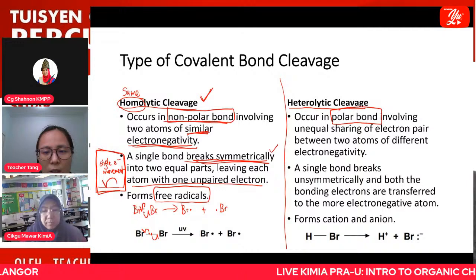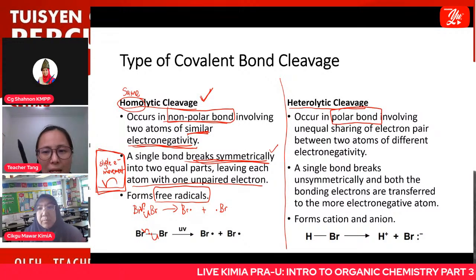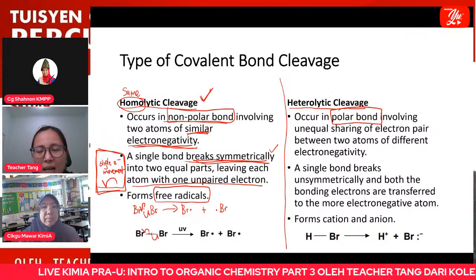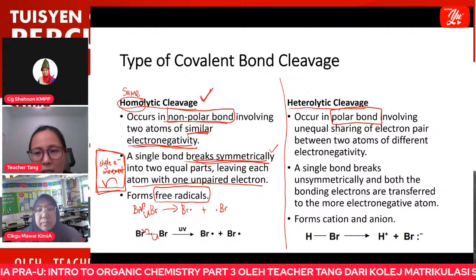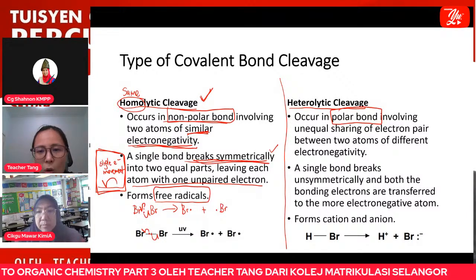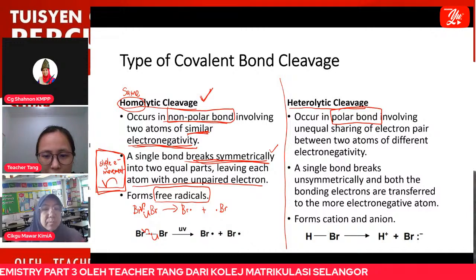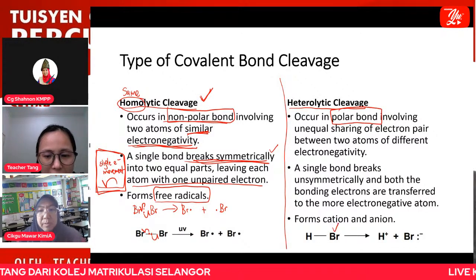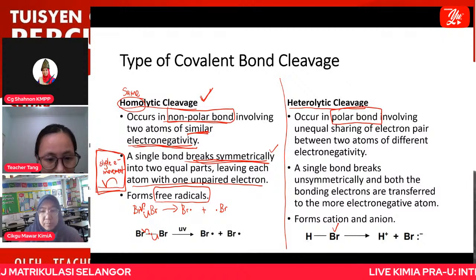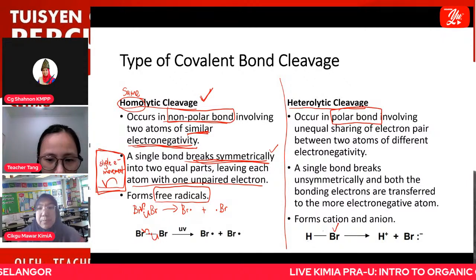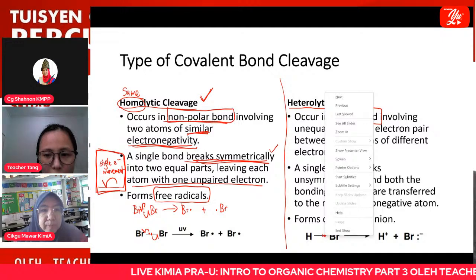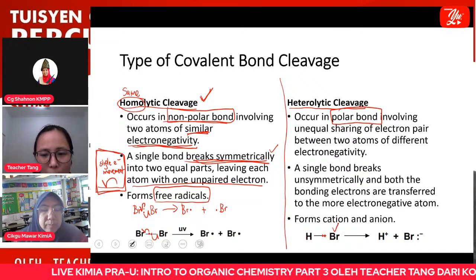The shared pair of electrons will be closer to the atom that is more electronegative. For example, in HBr, bromine is more electronegative than hydrogen. Therefore, the shared pair of electrons is more to the bromine side.